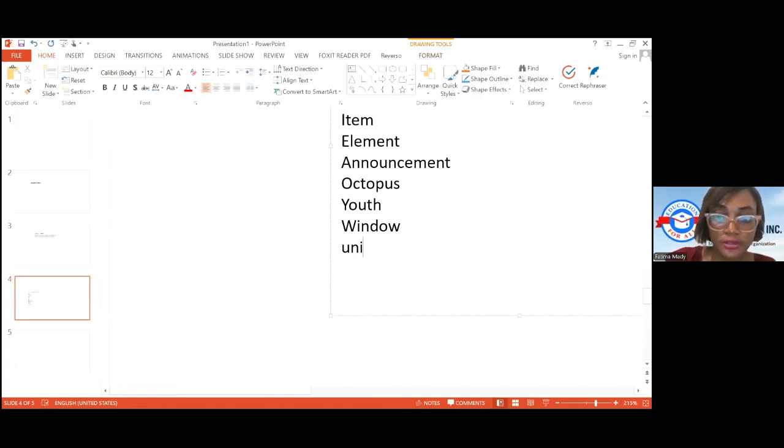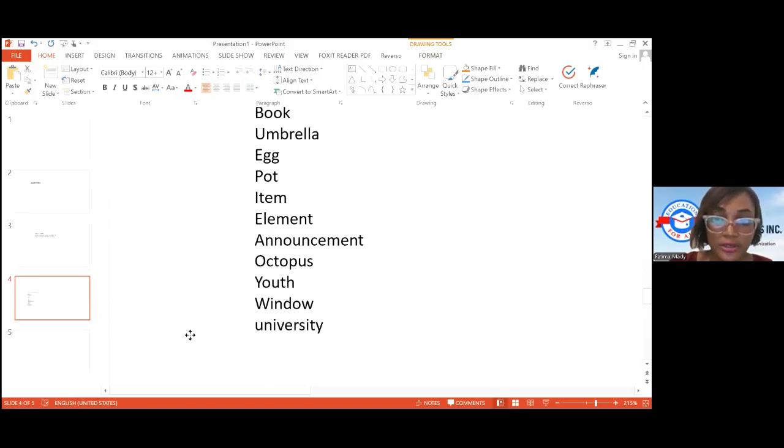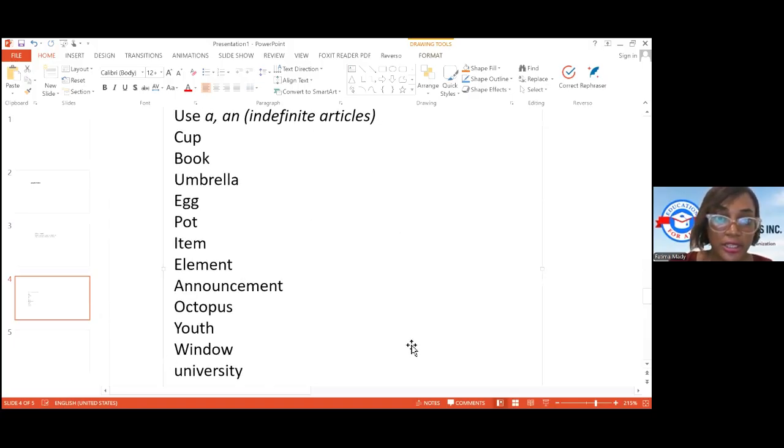Umbrella. An umbrella. I wanted to add this other word. An umbrella. Okay. The next one. An egg. An egg. Okay. The next one.